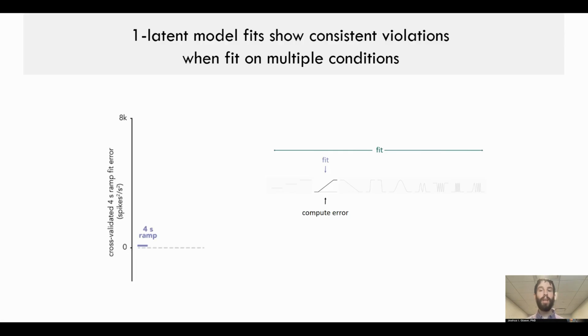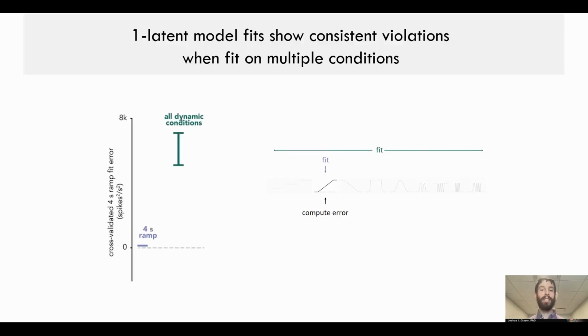However, if we now fit to all of the different experimental conditions, but for a fair comparison still compute the errors on this slow ramp condition, so it's an apples to apples comparison, now we get a much larger consistent error, showing that this one latent model is not able to explain motor unit activity in this wide range of conditions together.